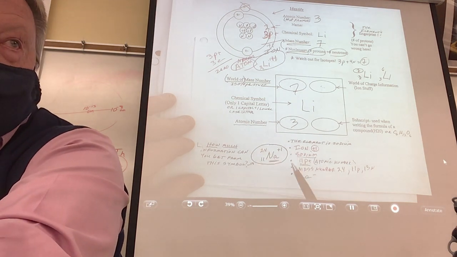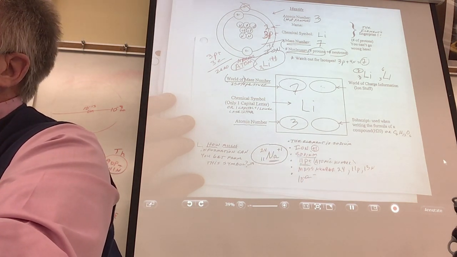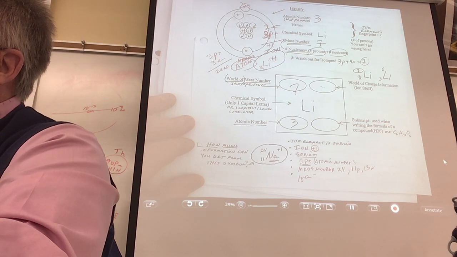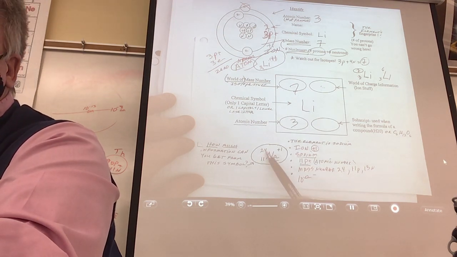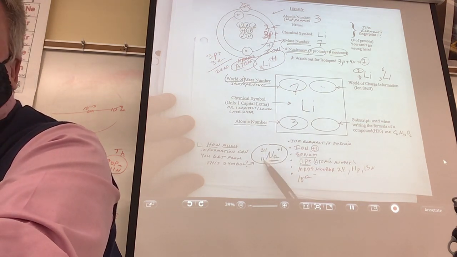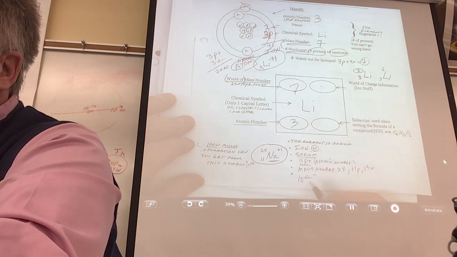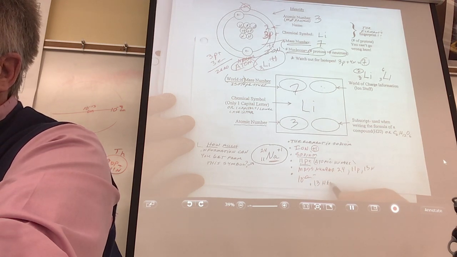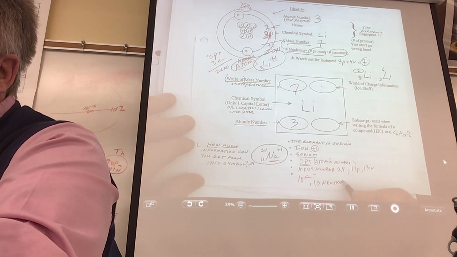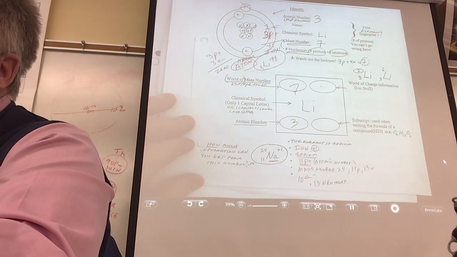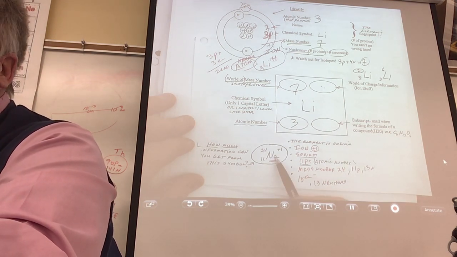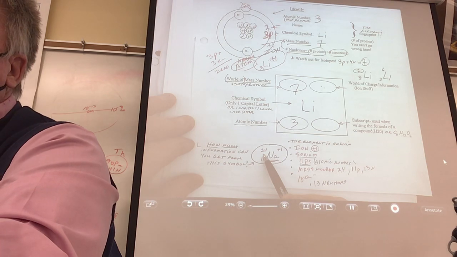The mass number. That's the number of things in a nucleus, right? Protons and neutrons. So if there are 24 things in a nucleus and 11 of them are protons, how many neutrons do I have? 13. I have 13 neutrons, don't I? So this isotope of sodium has a mass of 24.